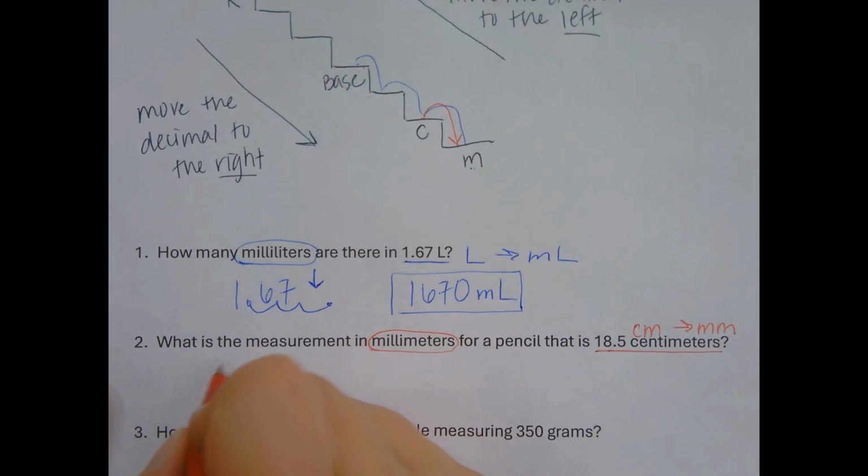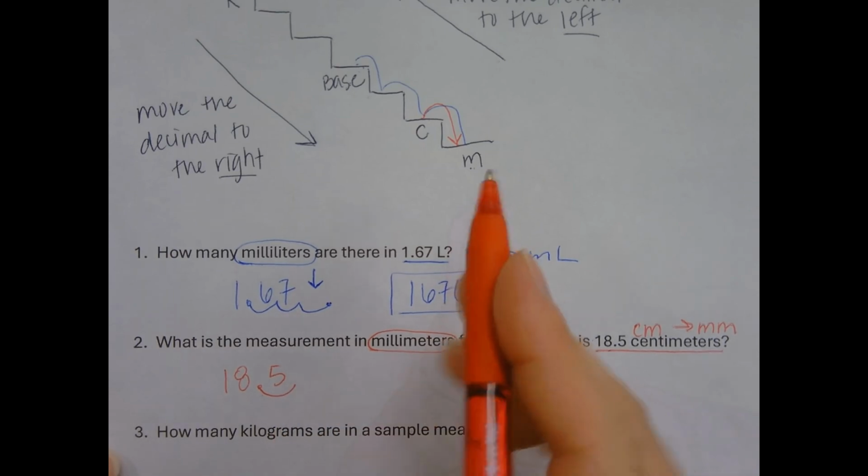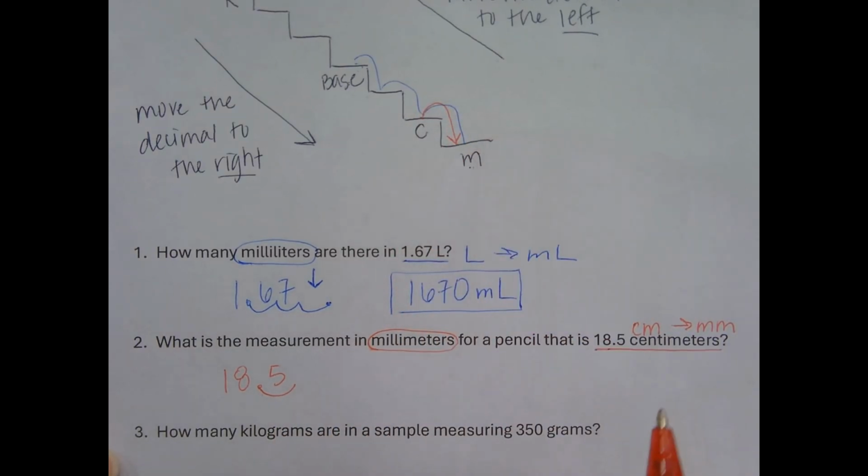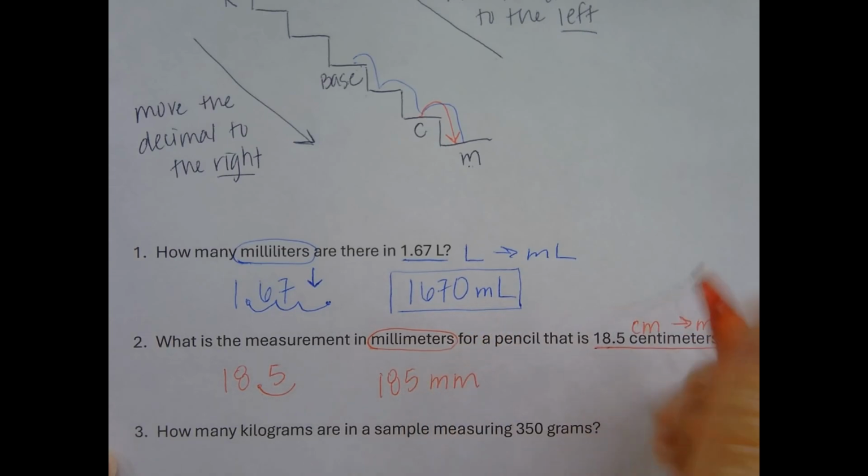So I'm going to take my number, 18.5, and I'm going to move the decimal to the right one time because I jumped one step down the staircase. So 18.5 centimeters is 185 millimeters.